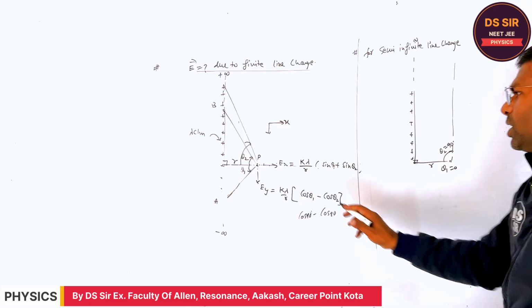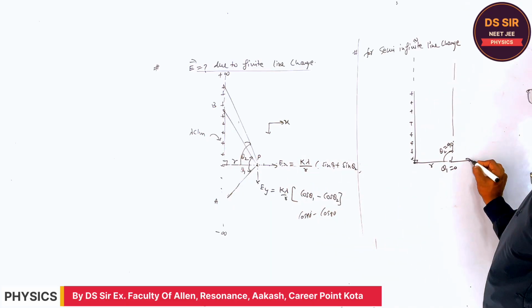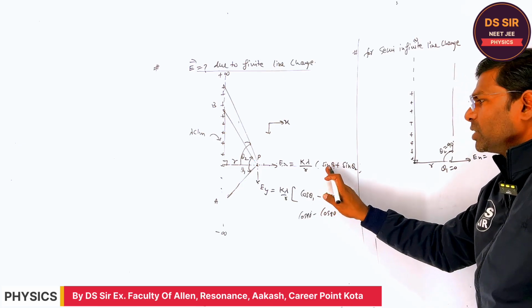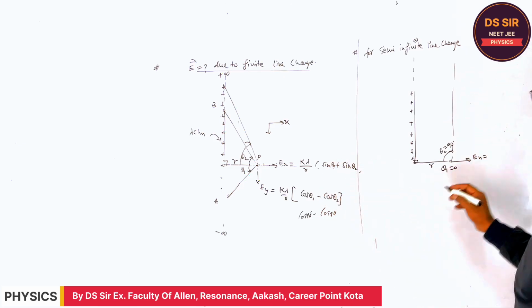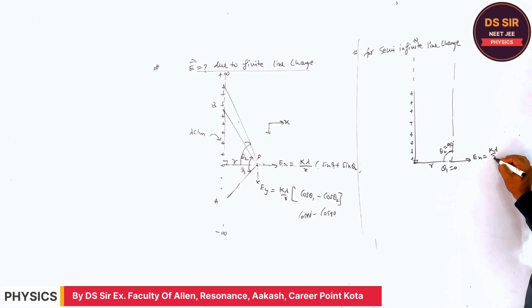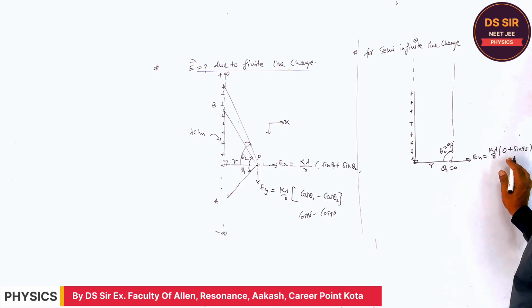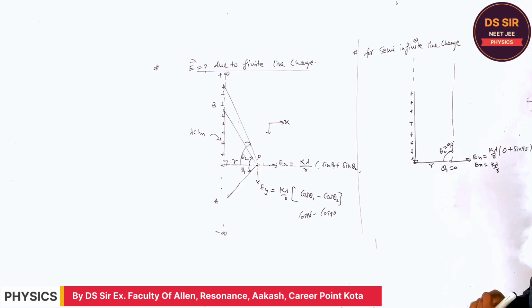Yes. So therefore, the electric field in the x direction, what will you write? kλ/r (sin 0 plus sin 90). sin 90 is 1. So what is the value of Ex? It is kλ/r.